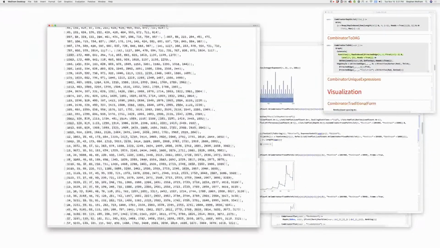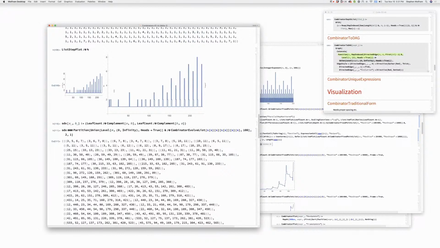All right, what's the best way to visualize this? For each one, I think what we want to do is this.